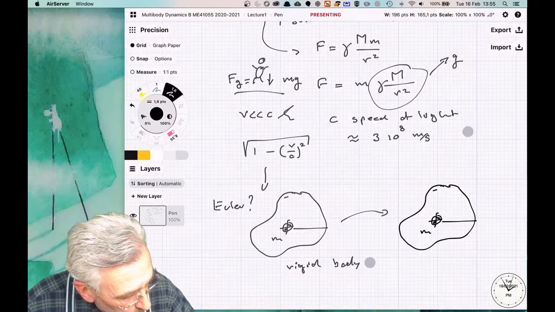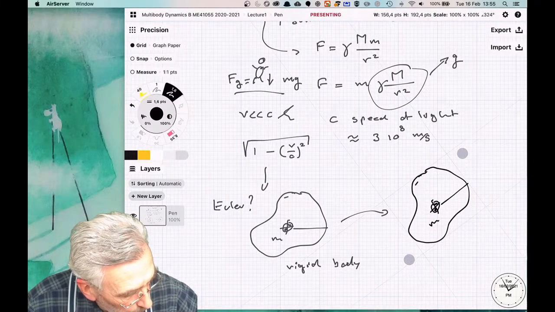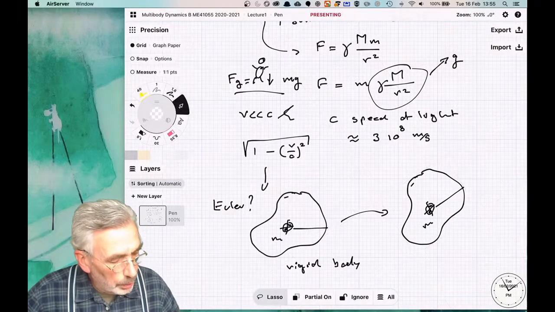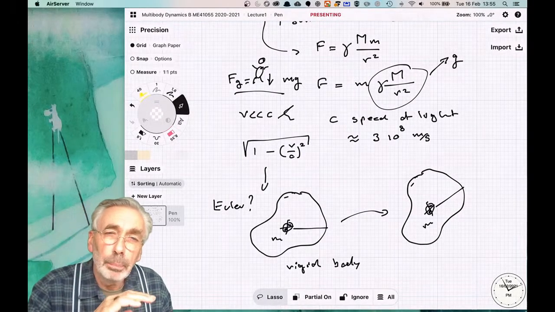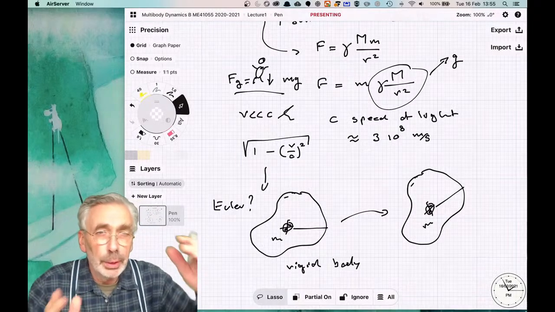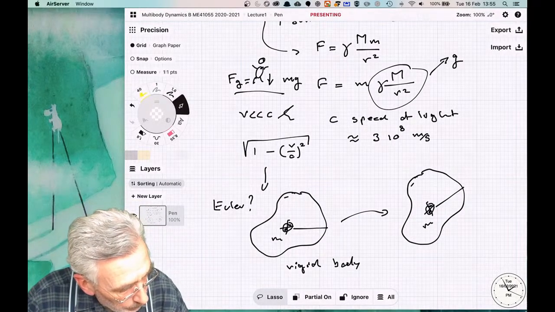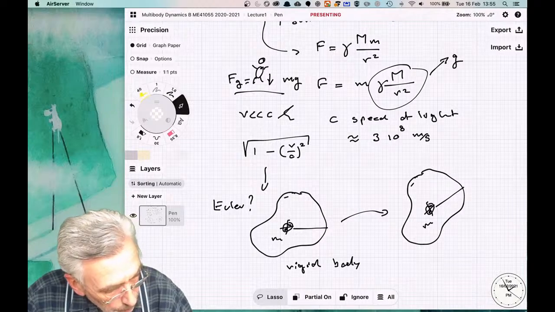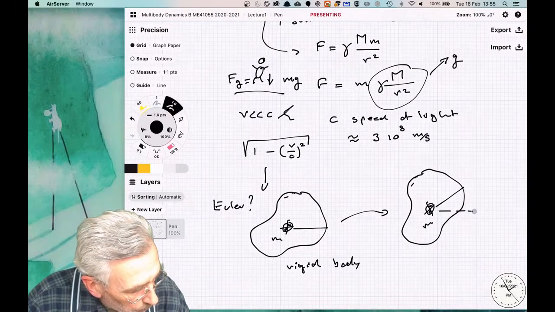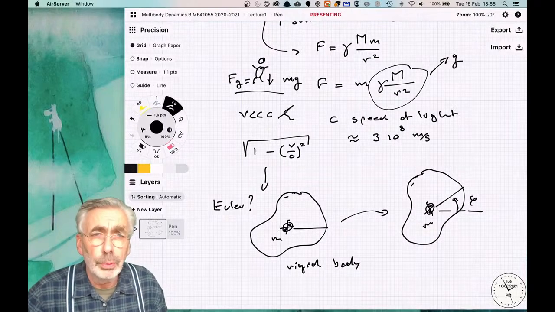I move it here and I rotate it. Hoopla! And you see suddenly that not only did the position change, but also the orientation of the body. We see that because of this line, and we usually denote that by an angle. In reference to this, there's an angle phi by which the body rotated.